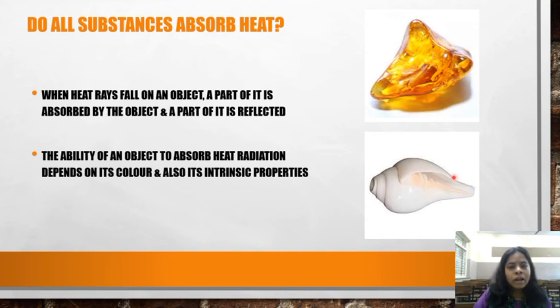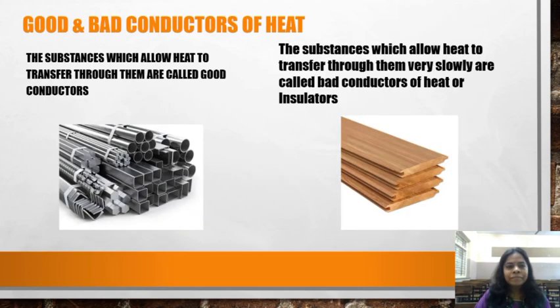So children, how much heat energy a substance is going to absorb or reflect depends on the capacity, structure and making of that particular substance. Depending on that, we have good conductors and bad conductors of heat.